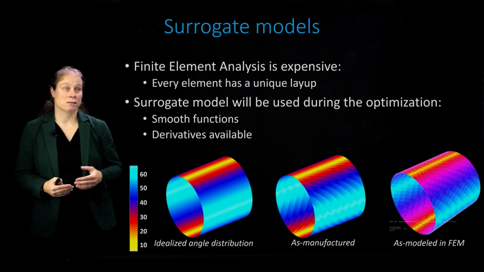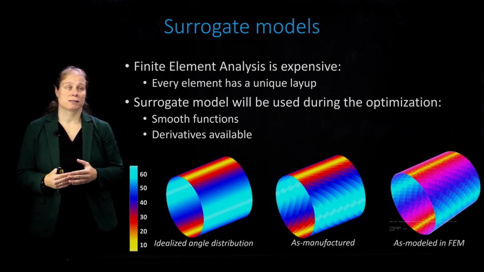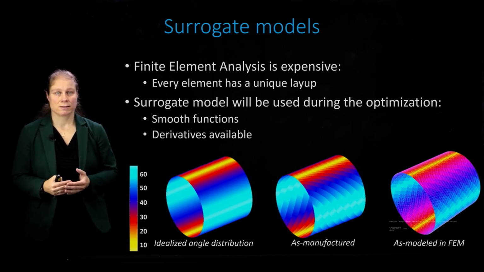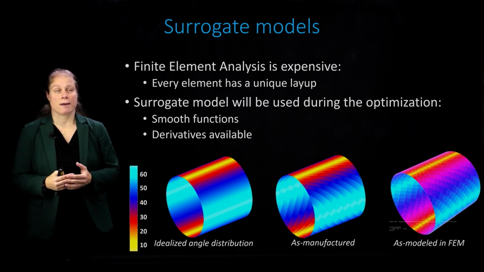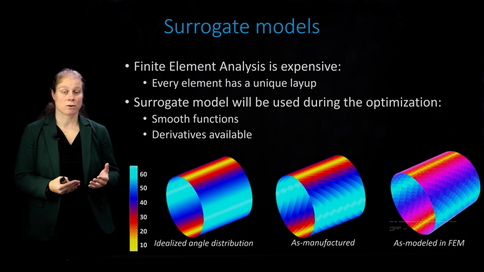So in this case, I had something that looked at the buckling mode. I had something that calculated the strength of the model, etc. And during the optimization, the surrogate model helped in terms of convergence.